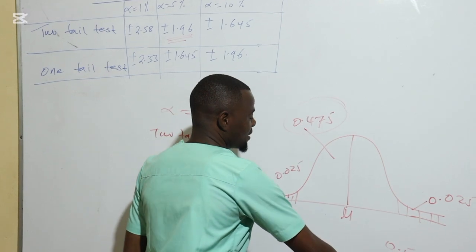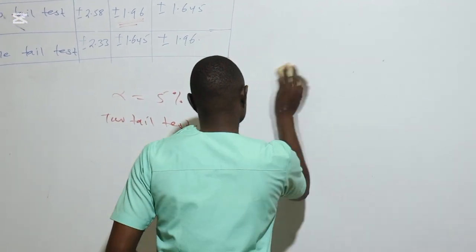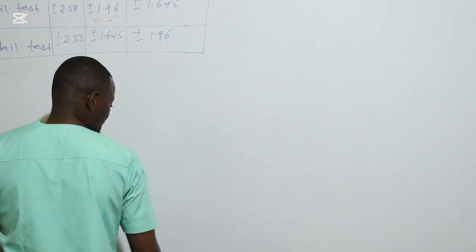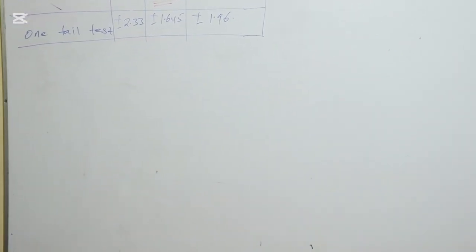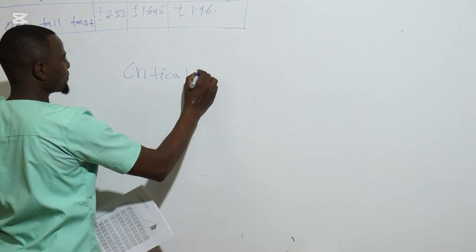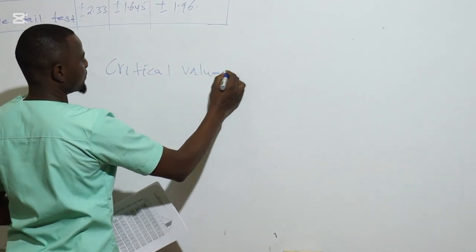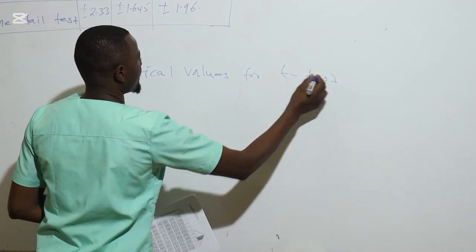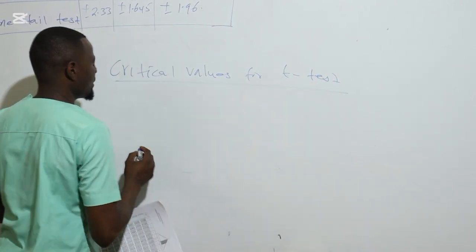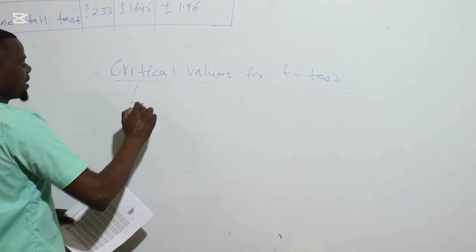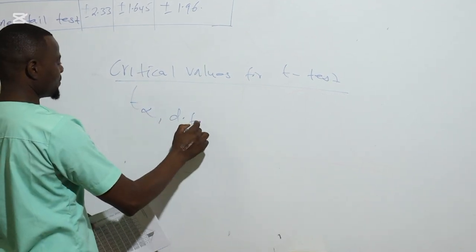Suppose you are using a t-distribution and you want to find the critical values for a t test. You must have t alpha comma degrees of freedom.